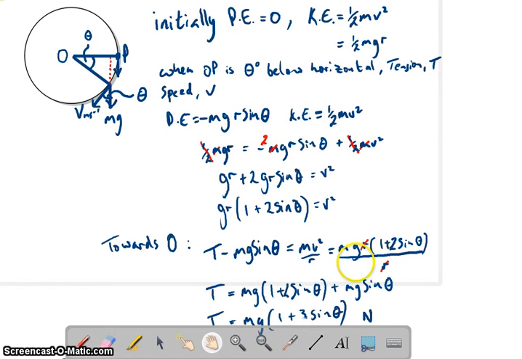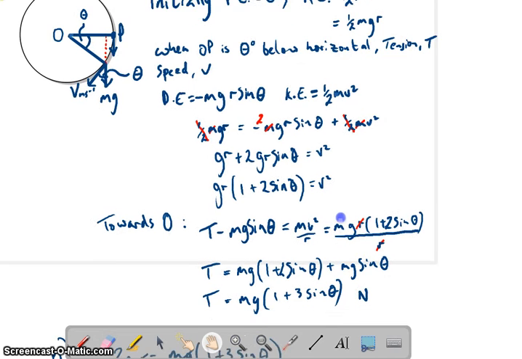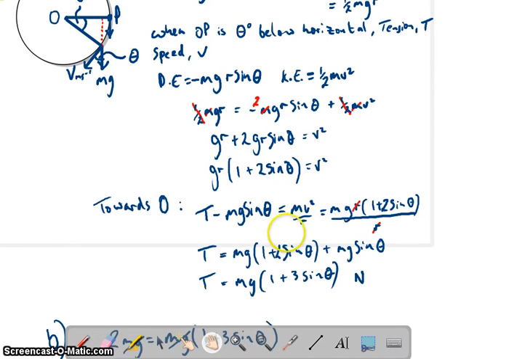We've got these here. So this is mv squared over r, and we can carry on with that equation and we can rearrange it, and we've got an equation for T.